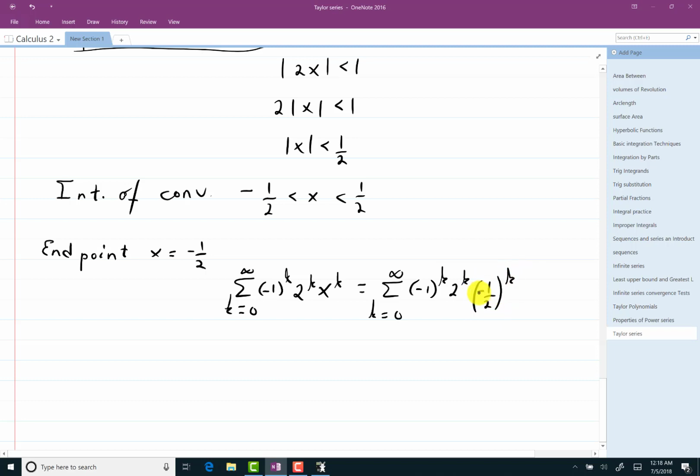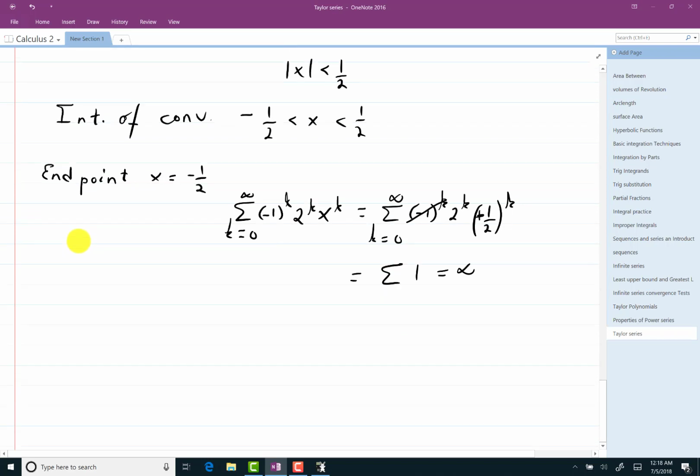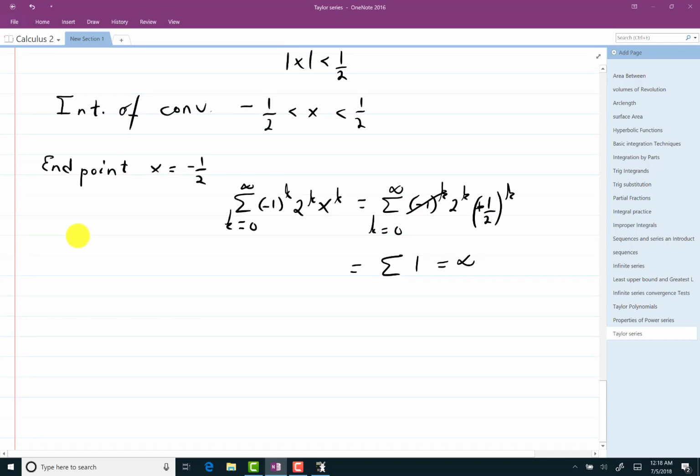If I put in the negative 1/2, then negative 1 to the k and this have the same sign, so I can just take that out and forget about it. It's always positive now. So when I put these two together, it's simply going to give me a series of 1s, and that's infinity. So it's not going to work at negative 1/2. You know it's not going to work at 1/2 either, because we've already done this before.